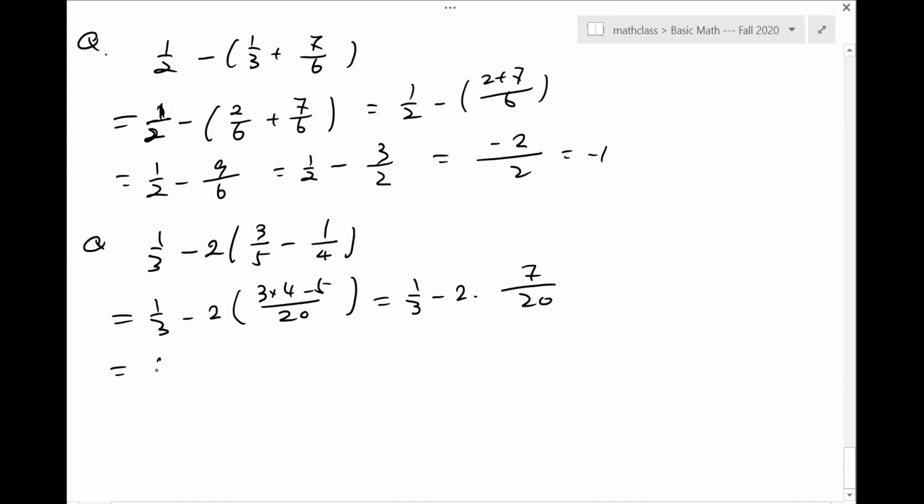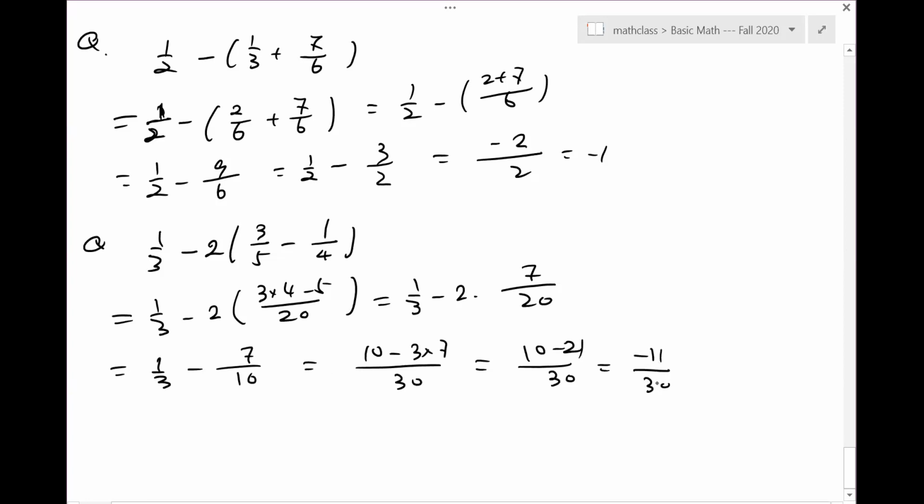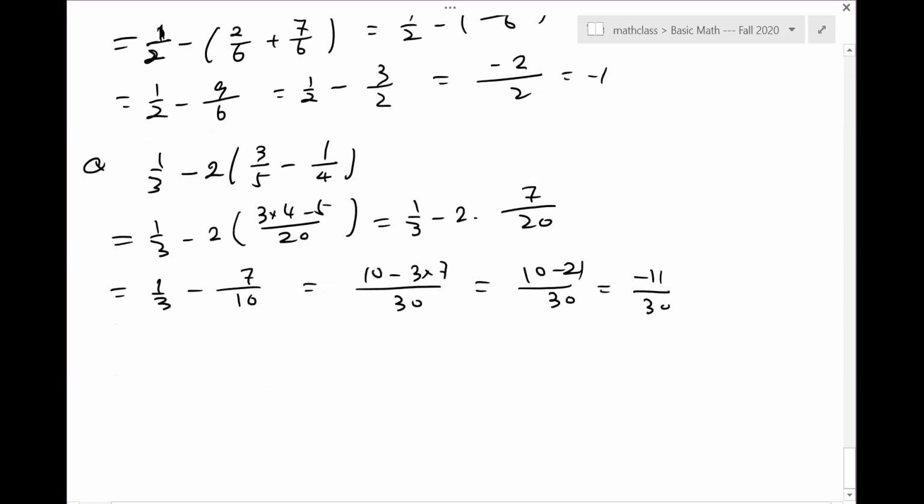Then 2 over 20 is simplifying. Right. Then you will get 30. 10 minus 3 times 7. And that is going to be 10 minus 21. And surprised, yeah, we always get 11s. That's weird, right? 11, this is a very special number.